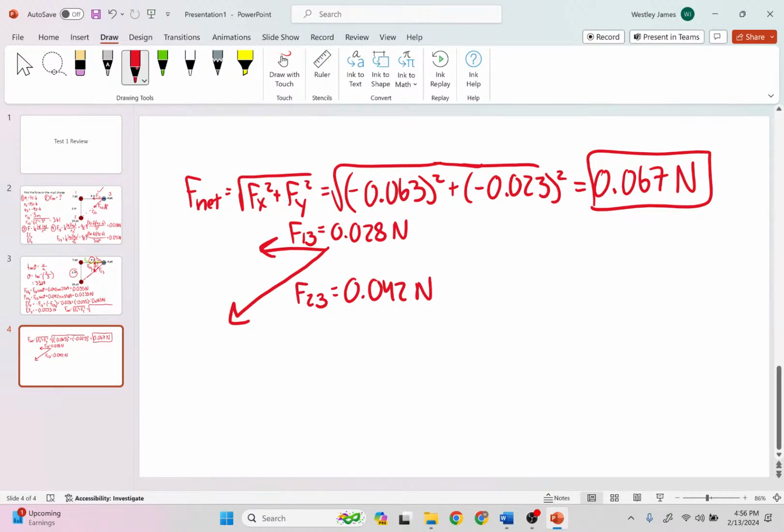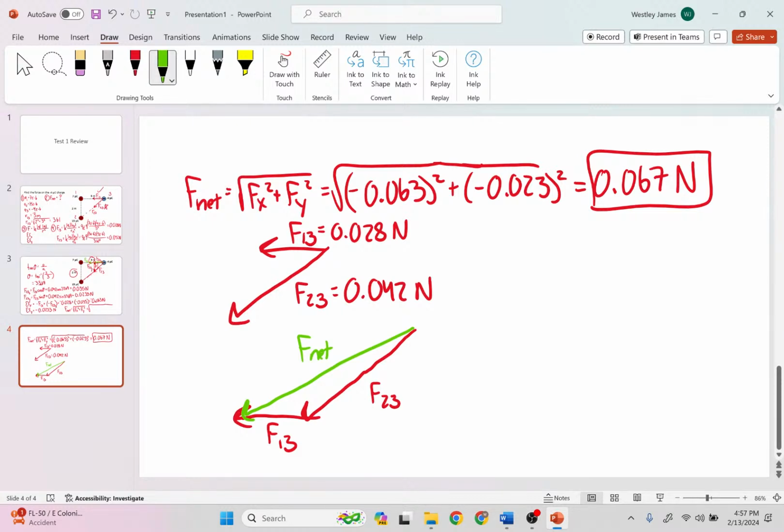But one of the things you can do is take them and do tip to tail. So if I take F23, which is down to the right, and then I draw F13 right here, this is the direction of F net, tip to tail. And what we're going to find right now is this angle.